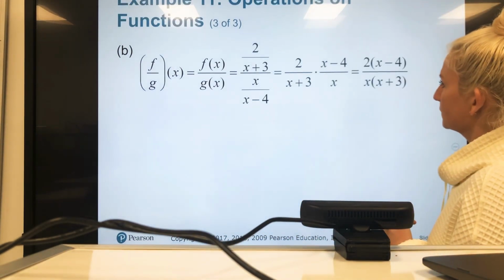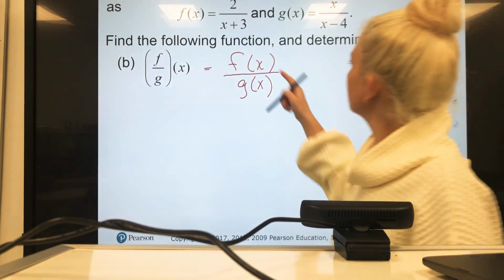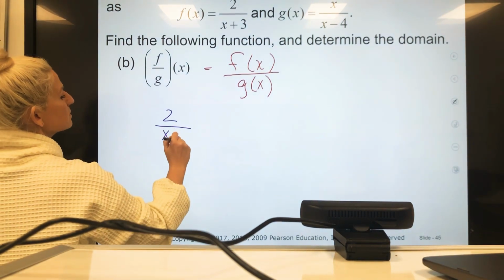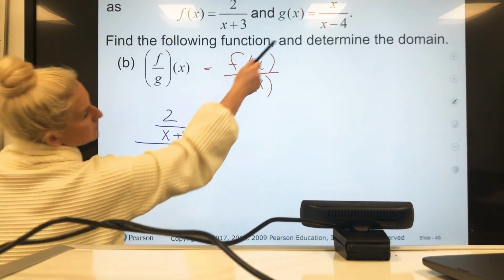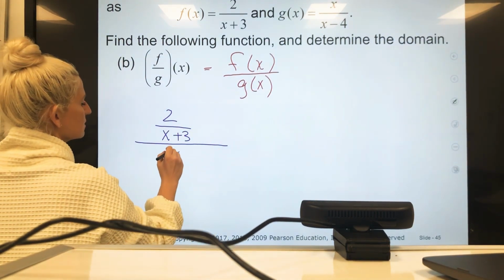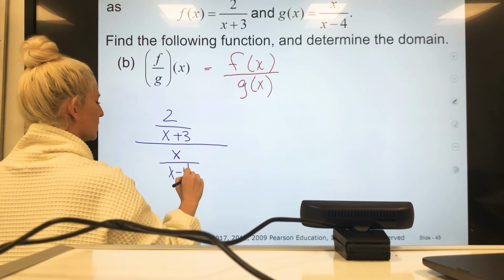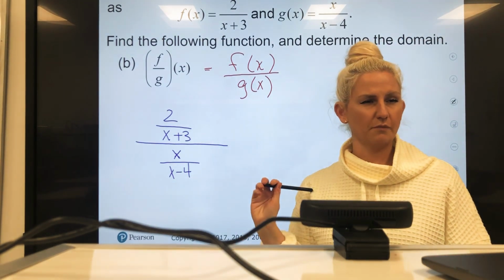Okay, so I think I'm going to just write it myself rather than show you that. So it's going to be 2 over x plus 3, right? That's my f function, over my g function, which is x over x minus 4, right? So I'm doing this divided by this, okay?